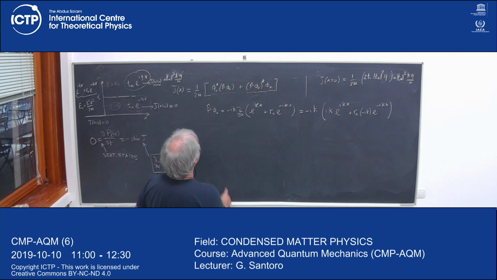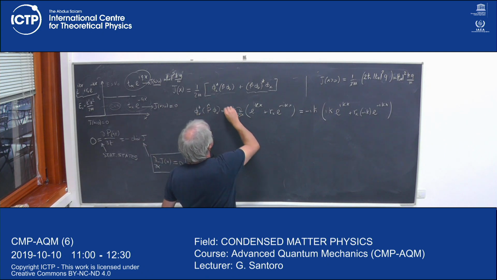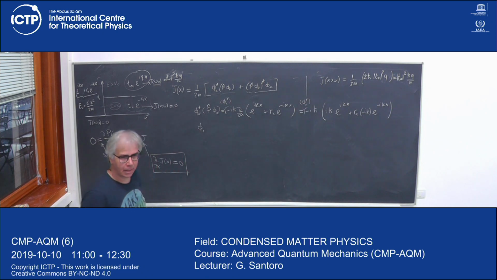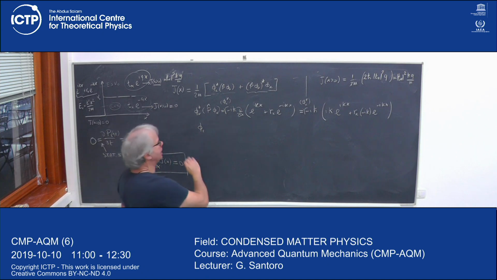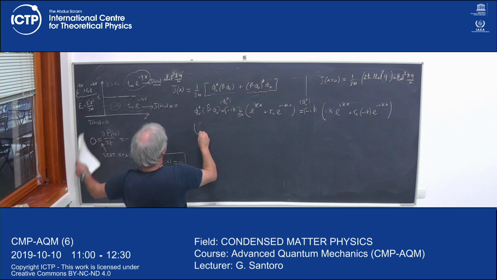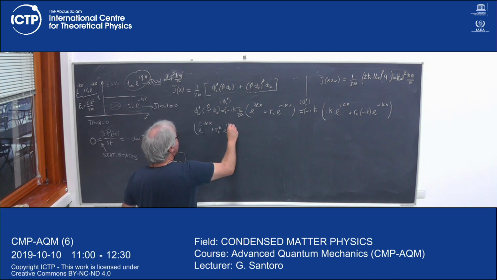Good. Now I multiply this by phi k star here. Phi k star. Okay? So here I want phi k star. And here phi k star. I do this on the board. I wouldn't do it on my piece of paper, okay, because it's ugly to see those things, but this is just to tell you that here I want e to the minus i k x plus r k star e to the i k x.